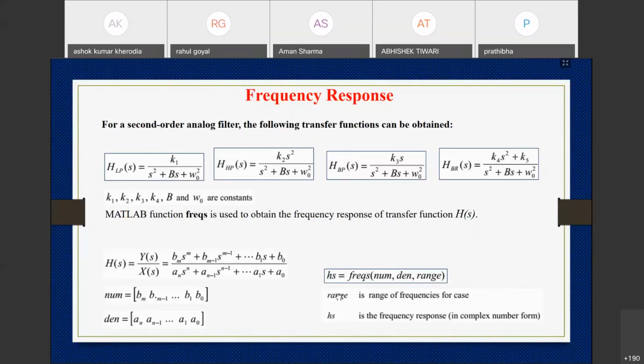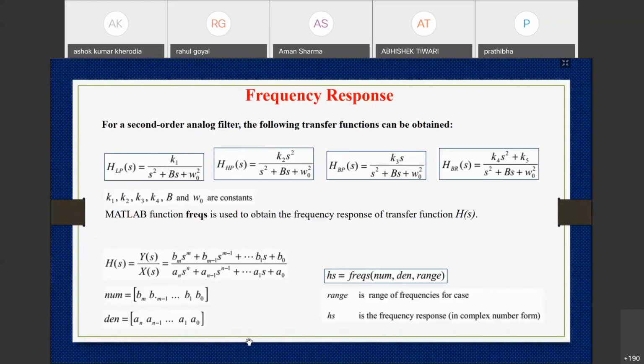Range means the range of frequencies for the case you are using, and H is the frequency response in complex form. You will enter the numerator in terms of a matrix and the denominator in terms of a matrix. What is the general expression for transfer function? Y(s) by X(s), denoted in this fashion. So bm minus 1, b1 and b0, an minus 1, a1, a0 are the coefficients of this equation.